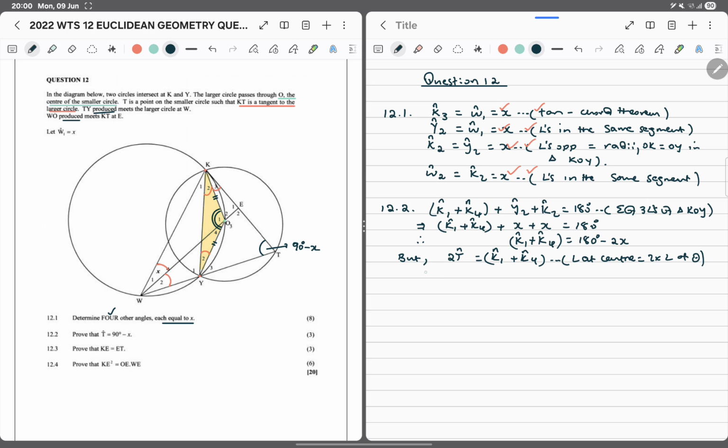Right, easy stuff. So this implies that 2 times angle T is going to be equal to 180 degrees minus 2x. Therefore angle T is going to be 90 degrees minus x when we divide by 2. Easy.